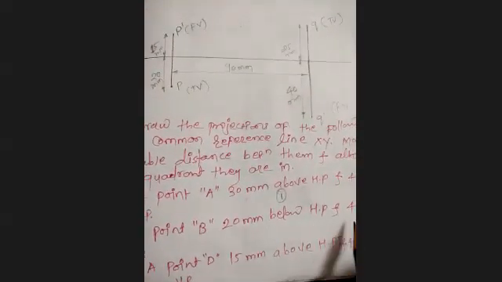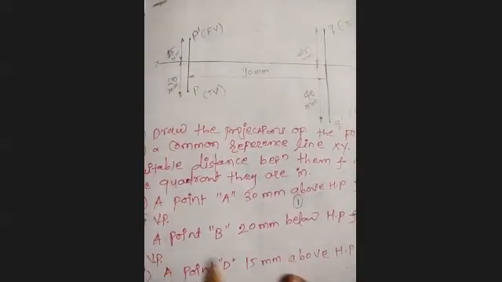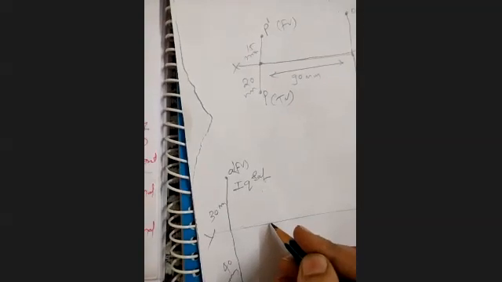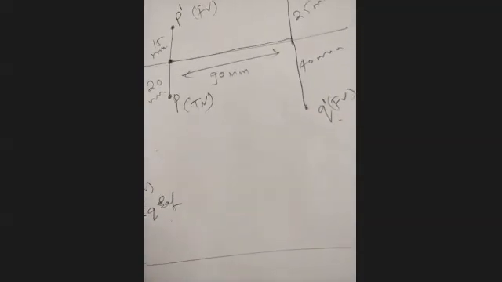20 mm below HP and 40 mm behind VP means which type of quadrant? Third quadrant, ma'am. Okay, third quadrant. Then tell me, 20 mm below HP means where you have to draw? Below the reference line.